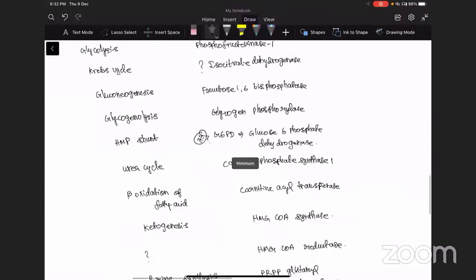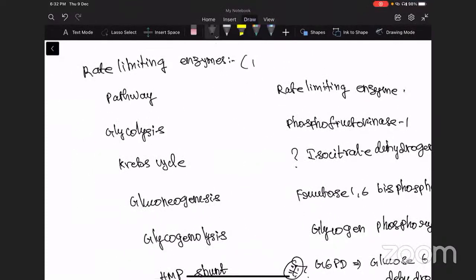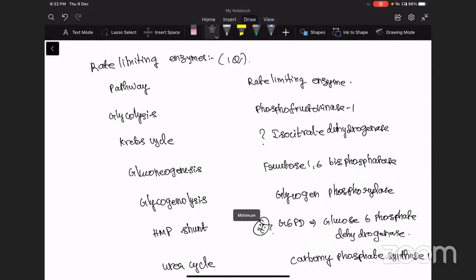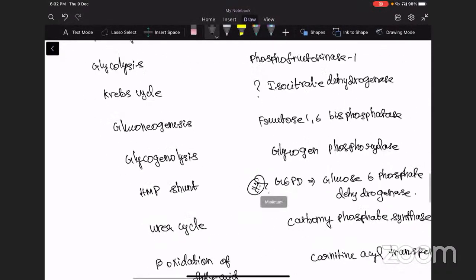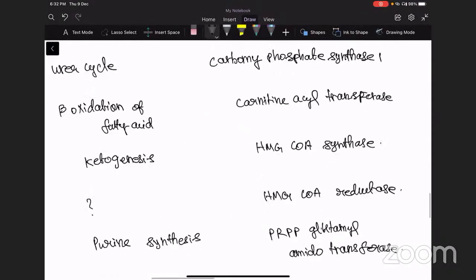I guess in these rate limiting steps, surely one question will be coming. Sure, 1 mark is there for you guys if you learn only this chart.